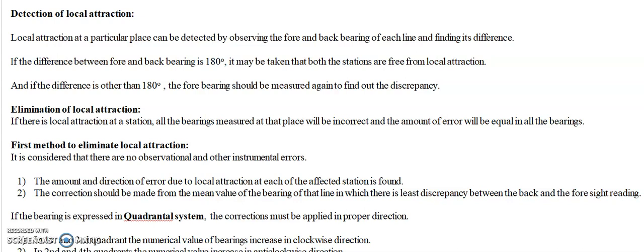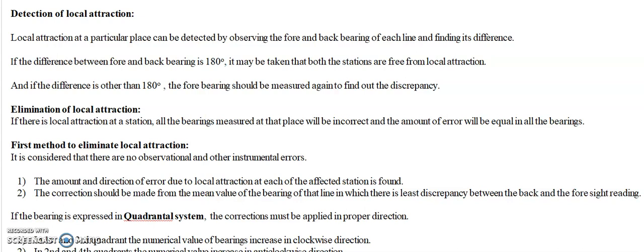So, strictly, the term local attraction does not include avoidable attraction due to things about the person or to other sources not connected with the place where the needle is read.